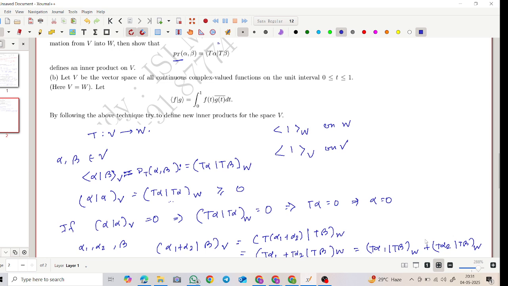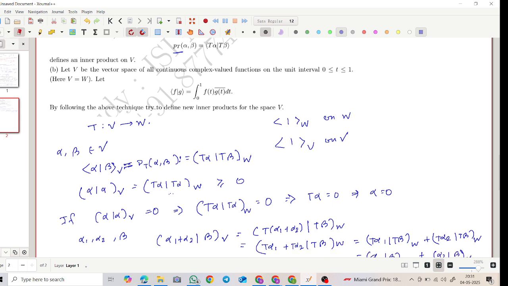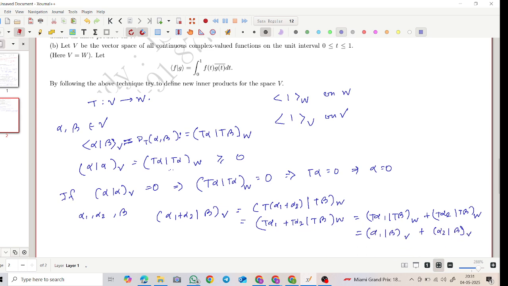Now, for the direct application of this, let's do Part B. While they are taking it complex valued, just take it real valued, because we are doing everything on R. So this inner product will not have the conjugate.